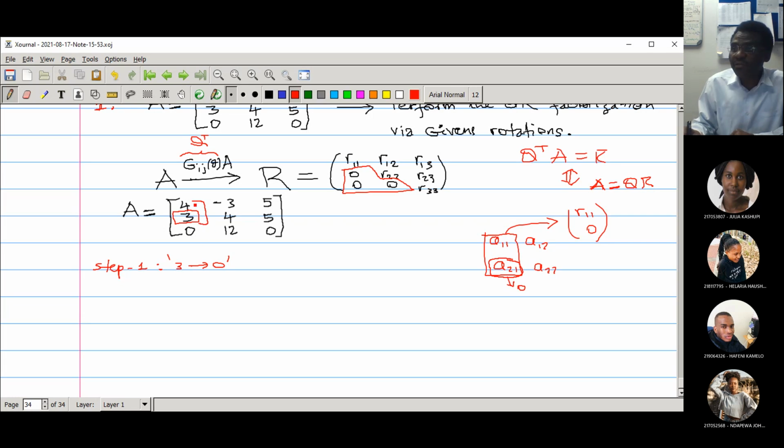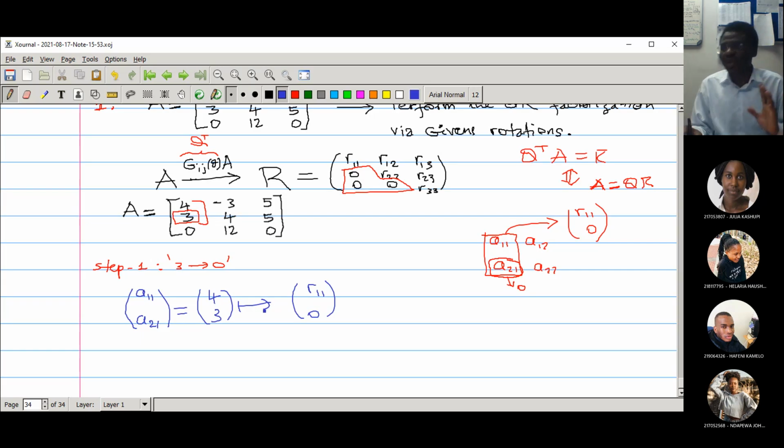So we will take 4, 3 as A11, A21. A11, A21 will correspond to 4, 3, which we will convert into R11, 0 through the multiplication of A by the Givens rotation.